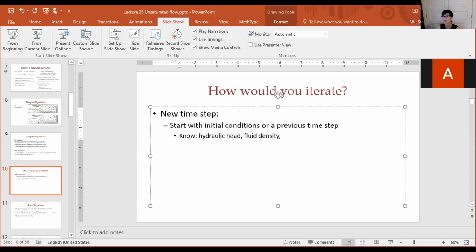And what's the other thing that we would know from that previous time step? We're solving for coupled groundwater flow and heat transport. And we've just said that we know the hydraulic head, we know the fluid density. What else do we know?